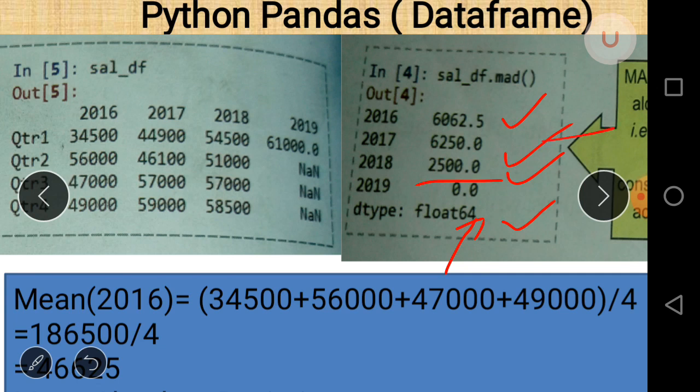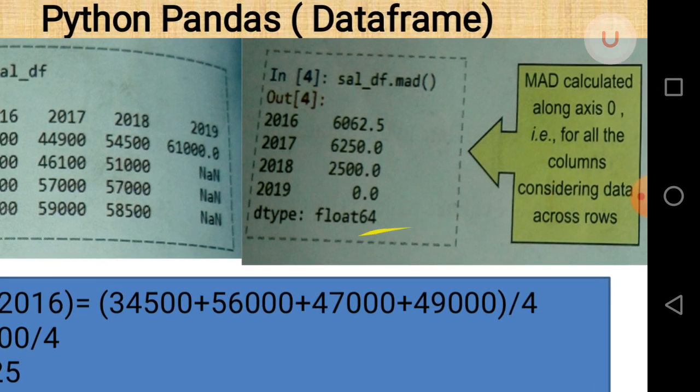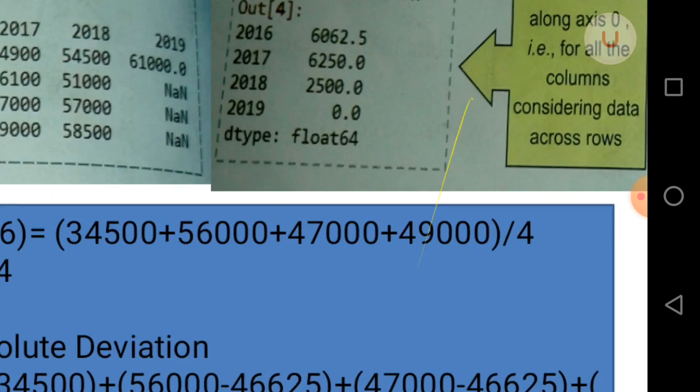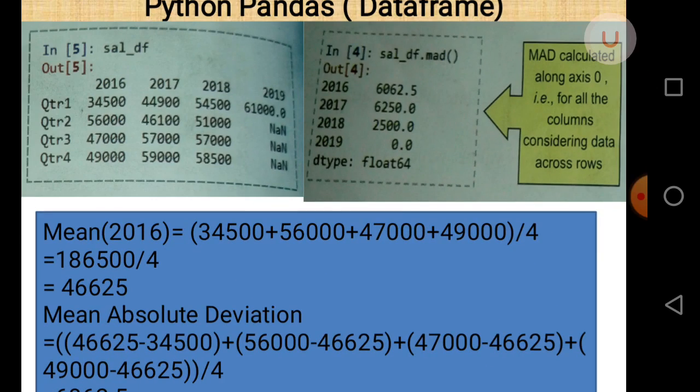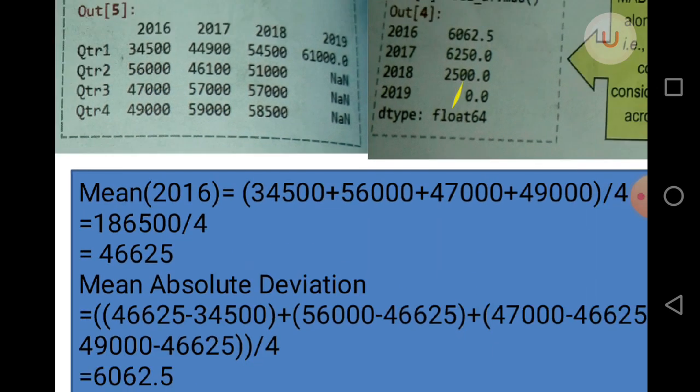And for axis 1 we can easily calculate this along the rows also.